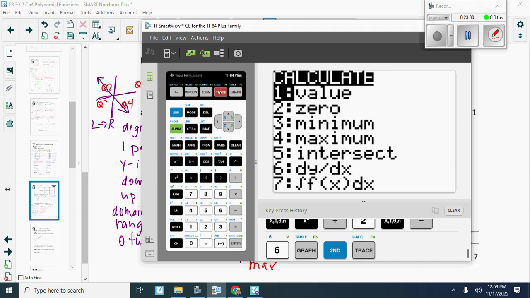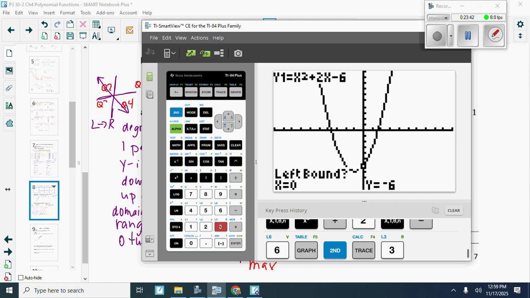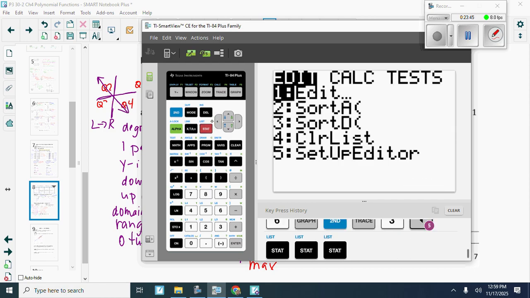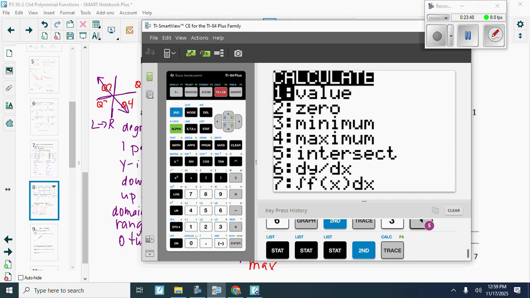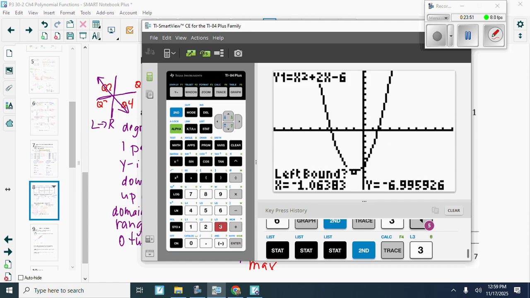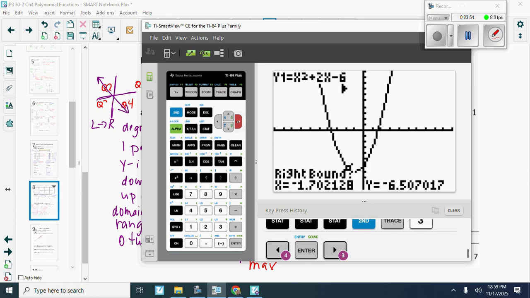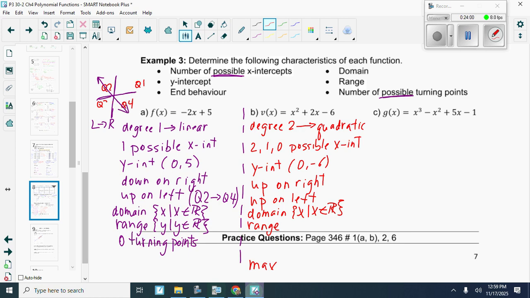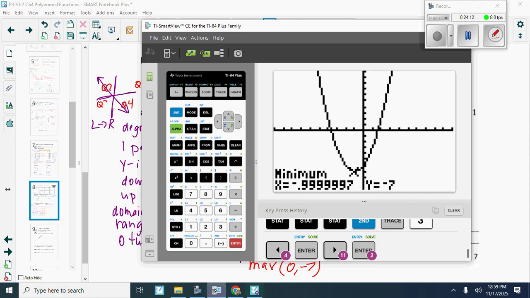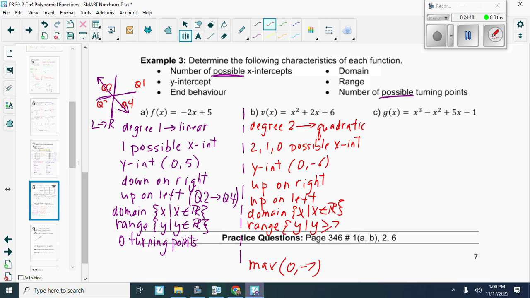Second trace, minimum. So our y value has to be greater than or equal to our minimum. Greater than or equal to the minimum, y belongs to real numbers.